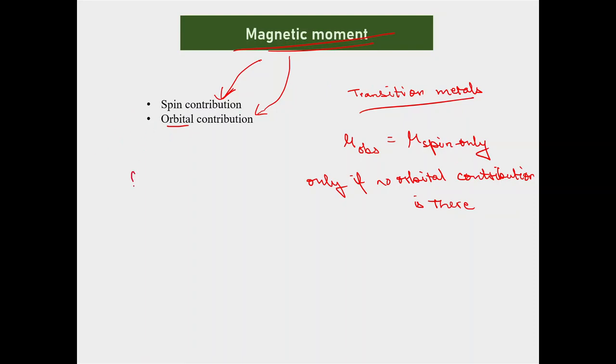Only if we have electron configuration f0 or f7, that is half filled, or f14, that is full filled, then we have mu spin only equal to mu observed. So now these are the complexes.